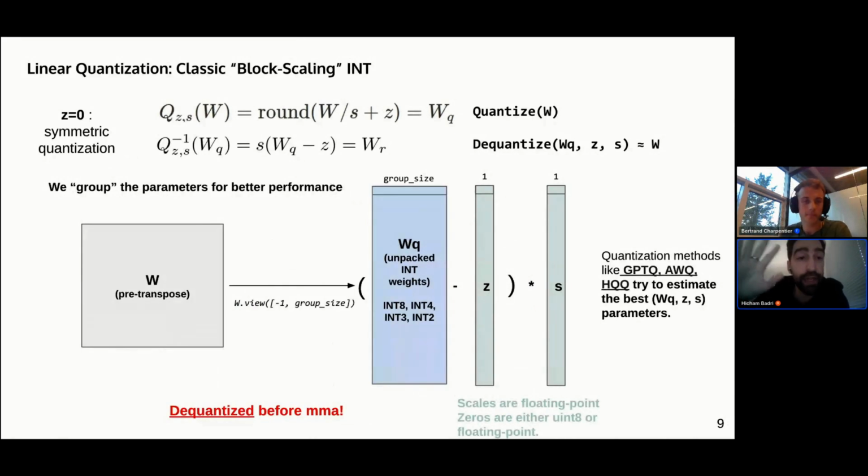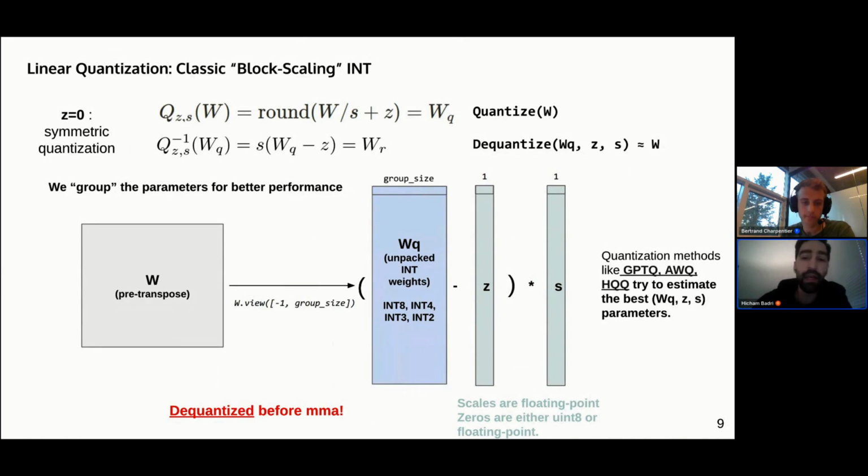So let's get back to the classical quantization that everyone is hopefully familiar with, like GPTQ, AWQ, HQQ. Basically, we take the weights, there's a magic algorithm, and we get this WQ, S, which are the scales, and Z. Z exists if you are asymmetric; if it's symmetric quantization, there's no Z, right?